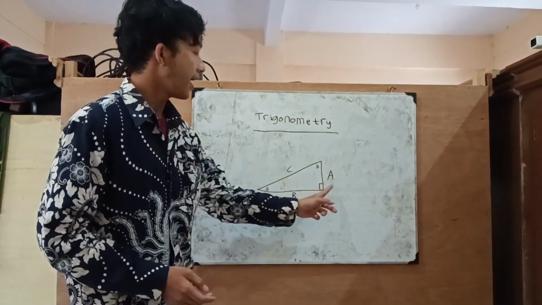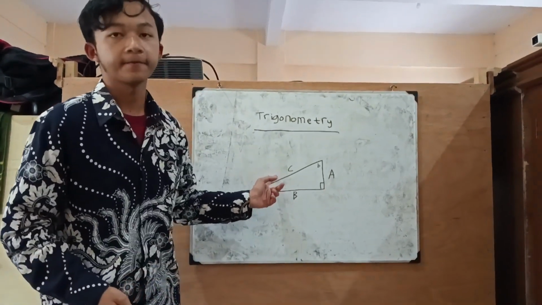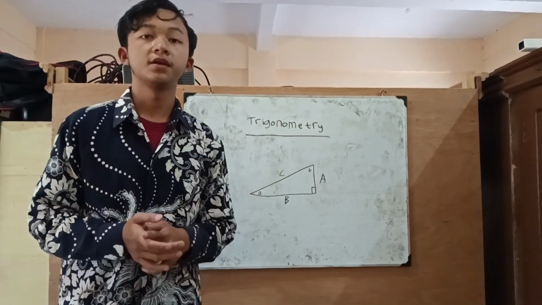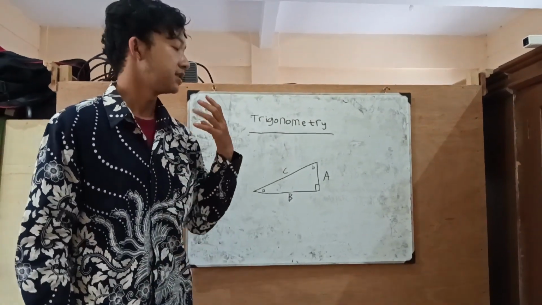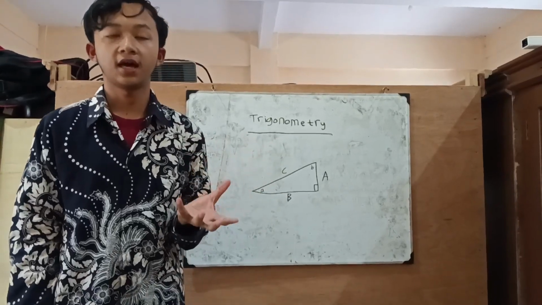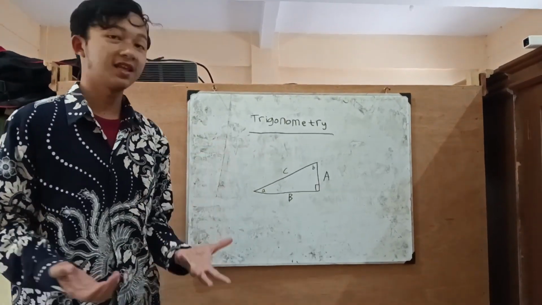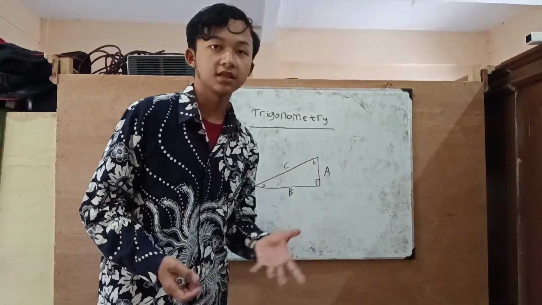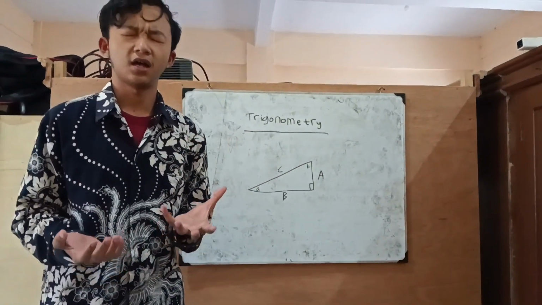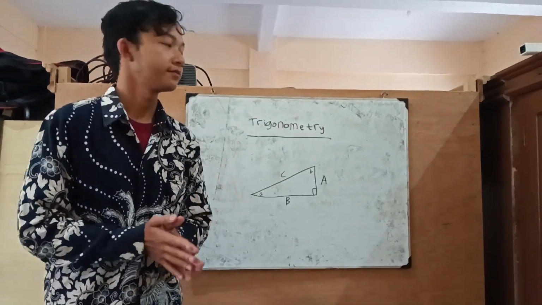They are A, B, and C. Those are the lengths of the sides. And then the second is the measure of the acute angles. What are they? They are A and B. That is the measure of the acute angles.